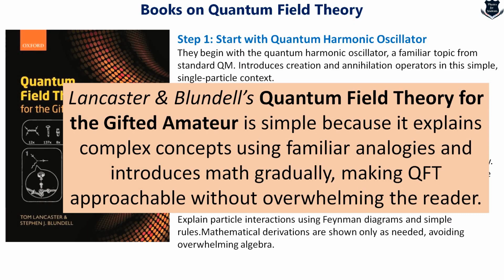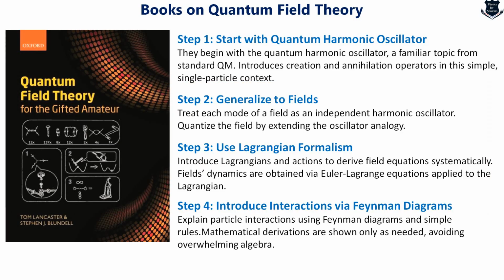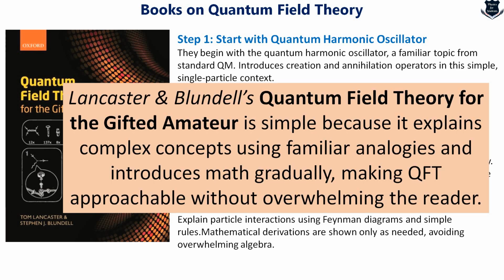So overall, I can tell you that Lancaster and Blundell's book is simpler because it explains complex concepts using familiar analogies. What are those familiar analogies? Harmonic oscillator, generalization, Lagrangian formalism, Euler-Lagrange equation, and that makes the journey of QFT much more approachable without overwhelming the reader, that means without putting in a lot of difficult mathematics.